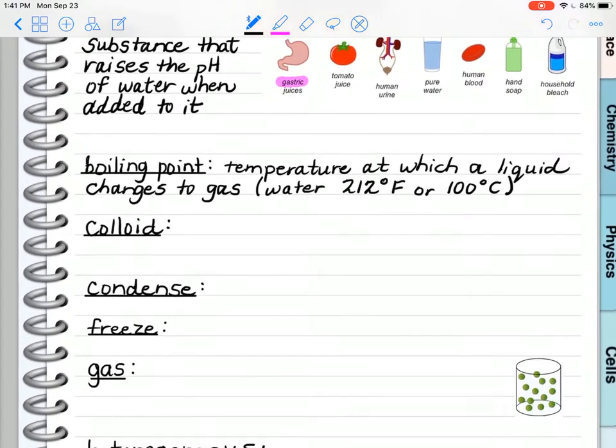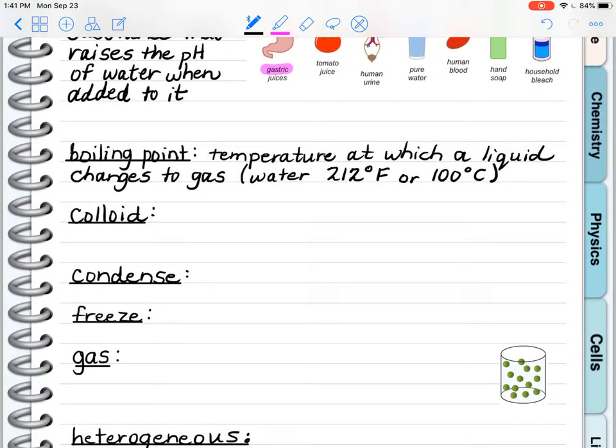Okay, the next one is a colloid, and let me give you a sound spelling for that. It is a colloid. Colloid. And this, to begin with, is going to be a tough definition, so just hang with me here. It is a heterogeneous, you might be thinking, what in the world is that? But we'll get there.